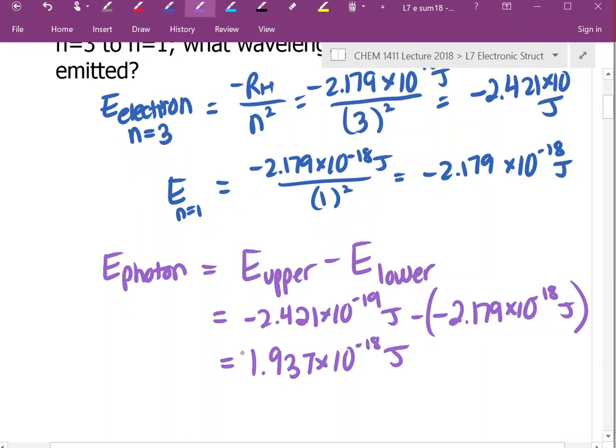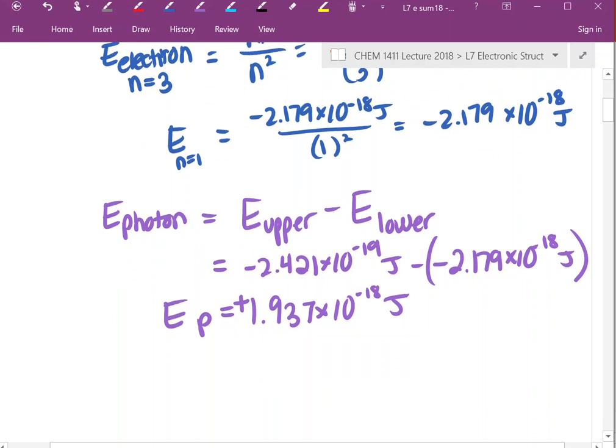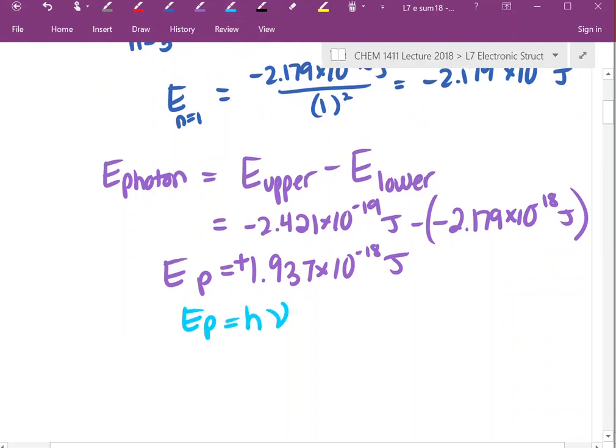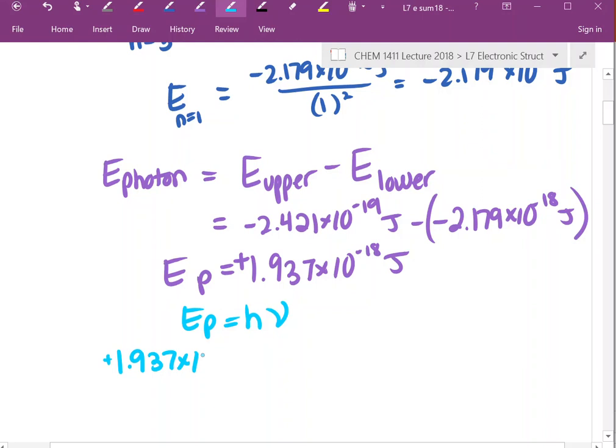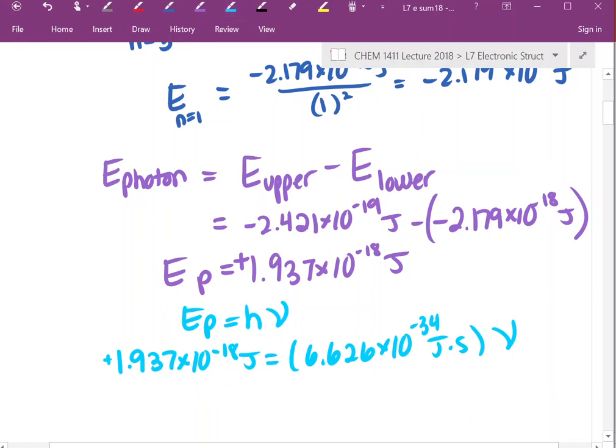Okay, and notice this comes out to be a positive number. The energy of the photon is always a positive number. It cannot be negative. Okay, next step. Plugging in Planck's constant, and solving for frequency.